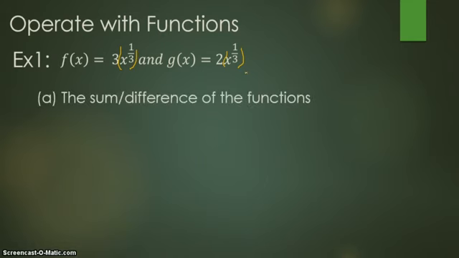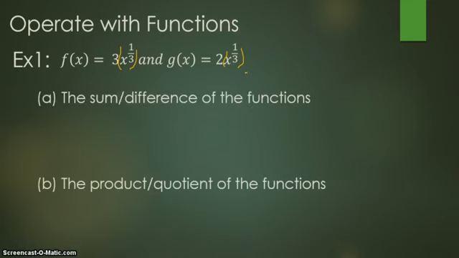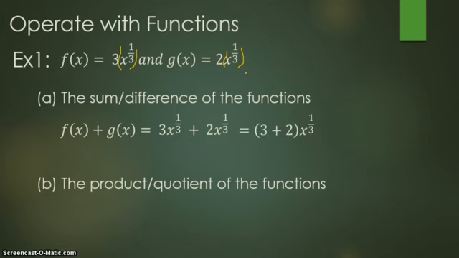We're going to first look at the sum and difference of the functions, and then look at the product and quotient of the functions. So the sum of the functions, you pretty much just say f of x plus g of x is the two added together. Well, it's not as simple as saying x plus 2x is 3x. It's not that simple, but it almost is. So if you look, you want to say, okay, this term is exactly the same. So like we said before, you're almost technically anti-factoring.